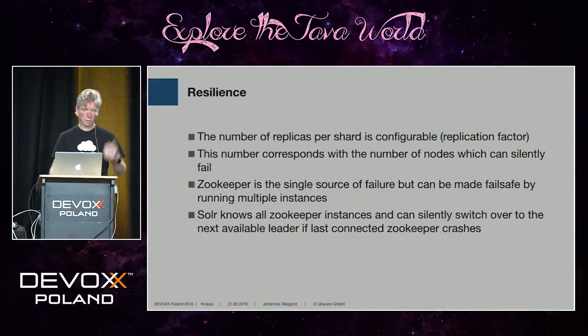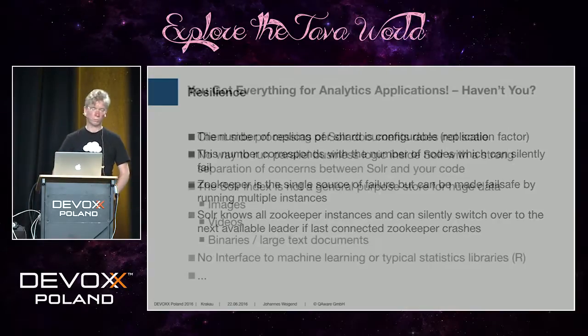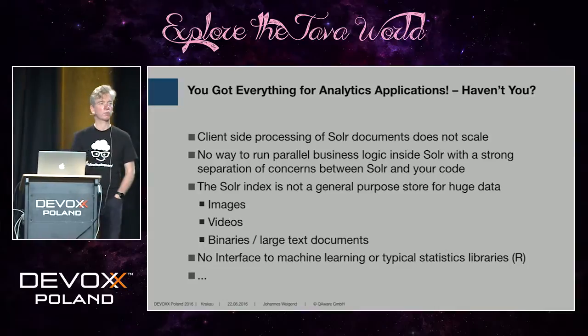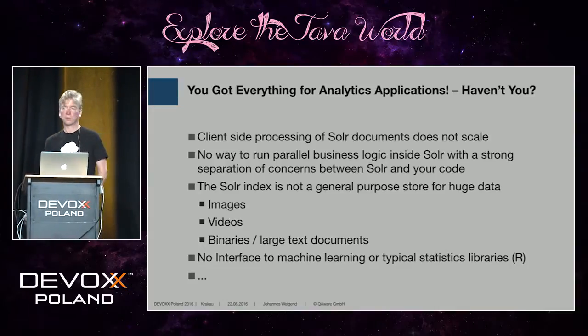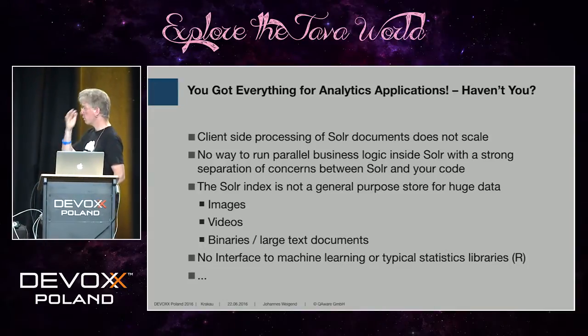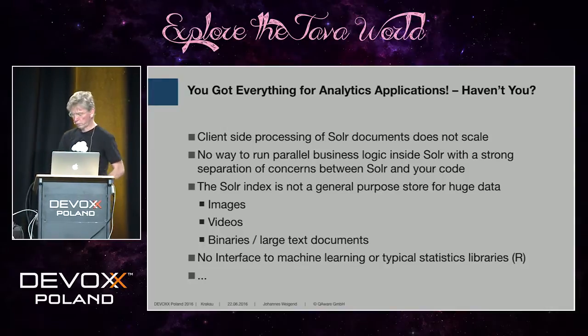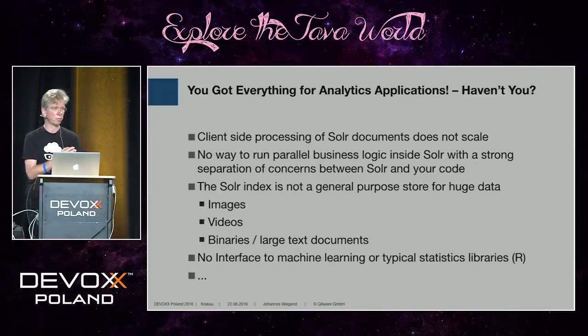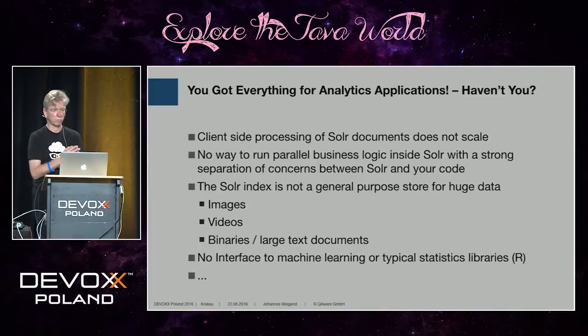So resilience, this works even if you shut down one node. And the main thing here is you can do a lot, but not everything. This is not a database for every purpose. For example, you can store images or large binaries in Solr. That does not work very well.